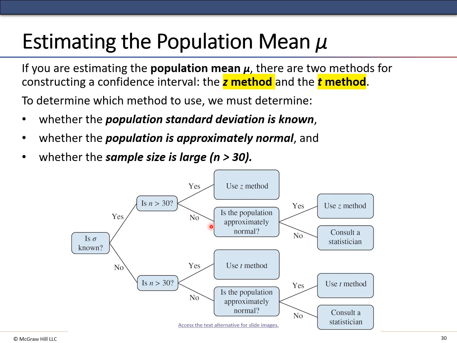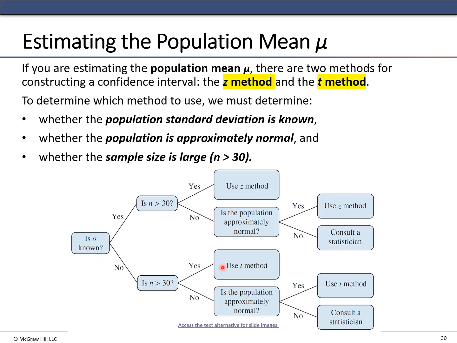If we don't have a large sample size, then we ask, do we know if the population is approximately normal? If it is, then we can use the z-method, and if not, we're kind of stuck. And so this says consult a statistician, which I think is kind of funny that the book says that. So we have to try something else if this isn't the case. It's very similar if we don't know the standard deviation.